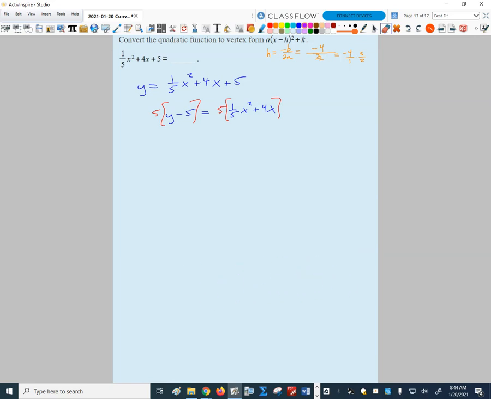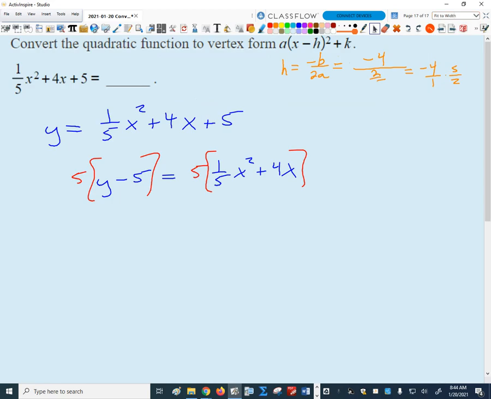All right, back to business. Okay, see if I can not be so dumb this time. So if I distribute that 5 to both sides, we end up with 5y minus 25 equals x squared plus 20x. So this is going to be a lot easier, isn't it? So then we end up with b equals 20, b over 2 equals 10.